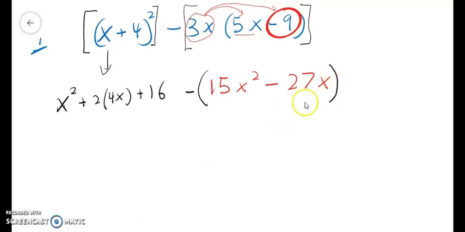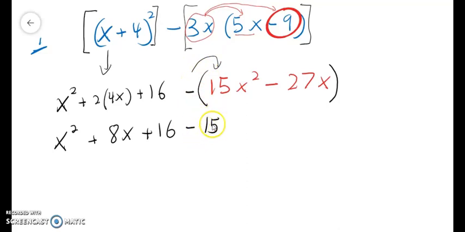Make sure you put a close bracket there, and we simplify this and we open the bracket. So here we have x square plus 8x plus 16. We can open the bracket by multiplying the negative, so negative 15x square, and here will be plus 27x.